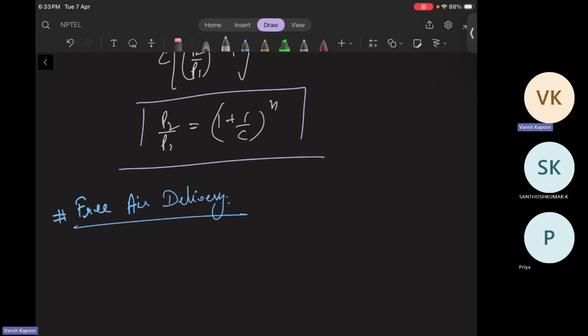Let us say we have two vehicles, two bikes. One bike is in a flat region and one bike is in a mountainous region. The same bike at two different locations will have different output because of the different climatic conditions.